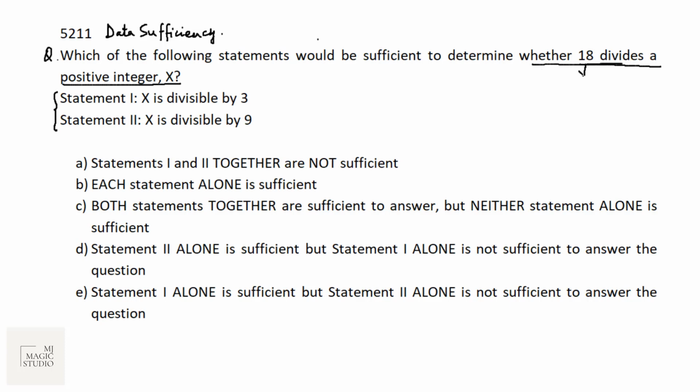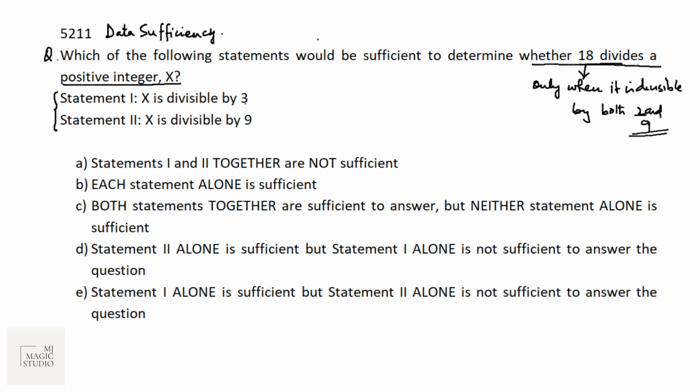A number is said to be divisible by 18 only when it is divisible by both 2 and 9. This is the rule for 18. A number is divisible by 18 only when it is divisible by both 2 and 9. So we are looking out for statement which says that whether they are divisible by 2 or 9 or not.